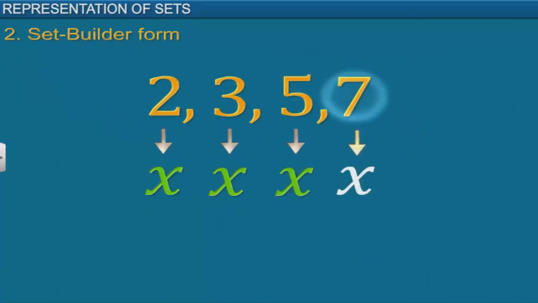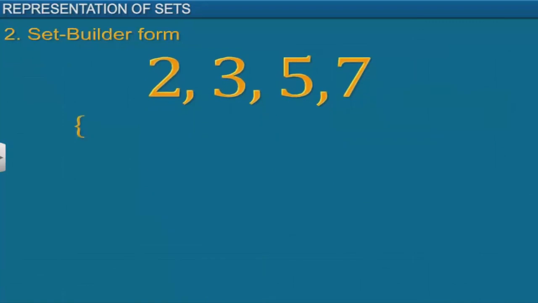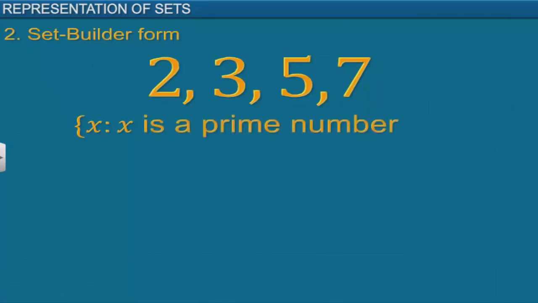We start with a bracket and write the variable. Then we place a colon. We assign a property to this variable. If we observe, the numbers are all prime numbers. Added to this, every number is less than 10. Thus, we can write the set as shown.